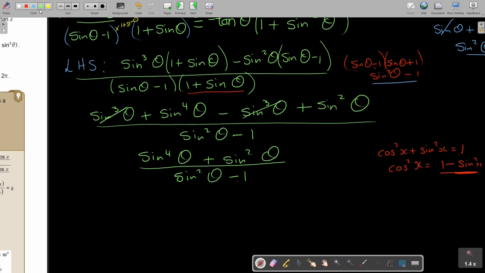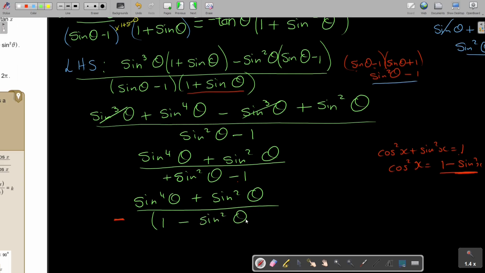I'm going to keep the sin 4 theta plus sin square theta. But look what I do now. I put a negative here in front, and then by doing that, I can change this sign to a positive and this sign to a negative. Did you see what I did? Why did I do that?